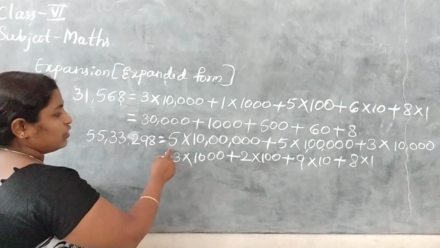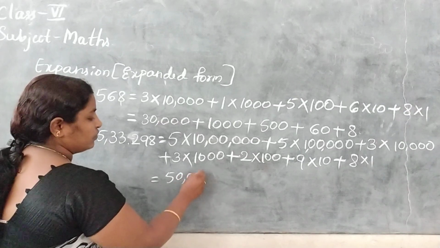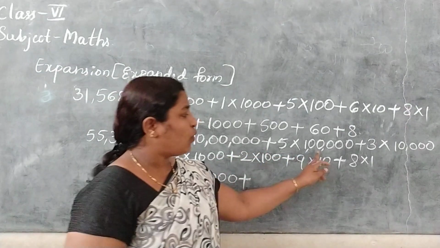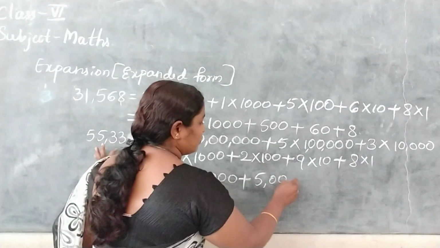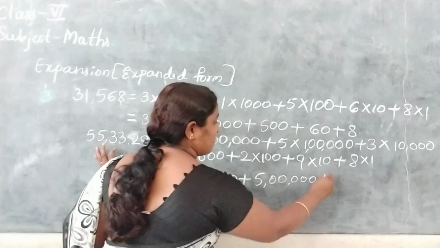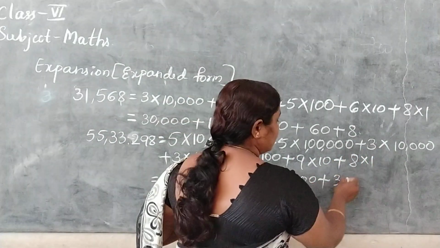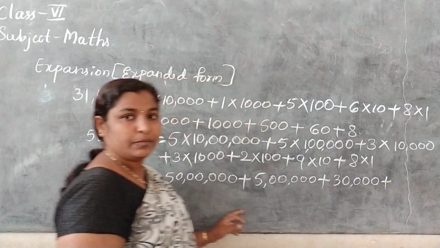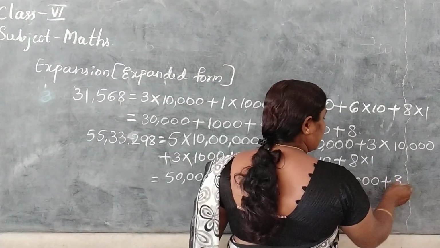Now simplification. 5 into 10 lakh, 50 lakh, plus 5 into 1 lakh, 5 lakhs, plus 3 into 10,000, 30,000, plus 3 into 1,000, 3,000.